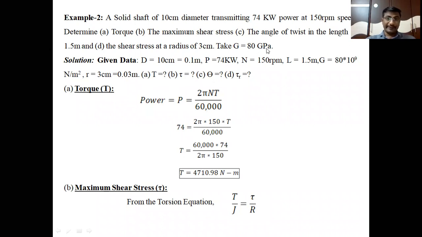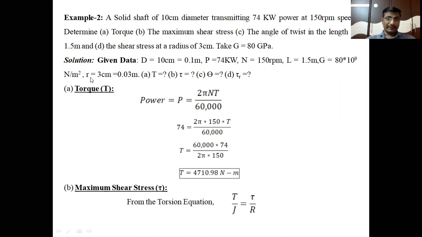Take G is equal to 80 GPa, 80 gigapascals. This is the problem given in the second example. So the given data is diameter, power, and speed, and the length of the shaft is 1.5 meters given in the third bit, and G is 80 GPa or 80 into 10 to the power of 9 newtons per meter square, pascals.